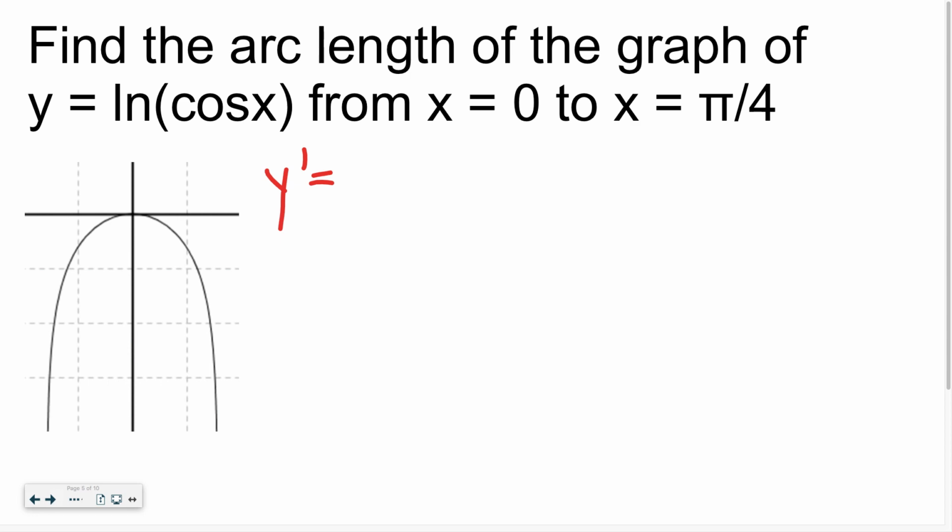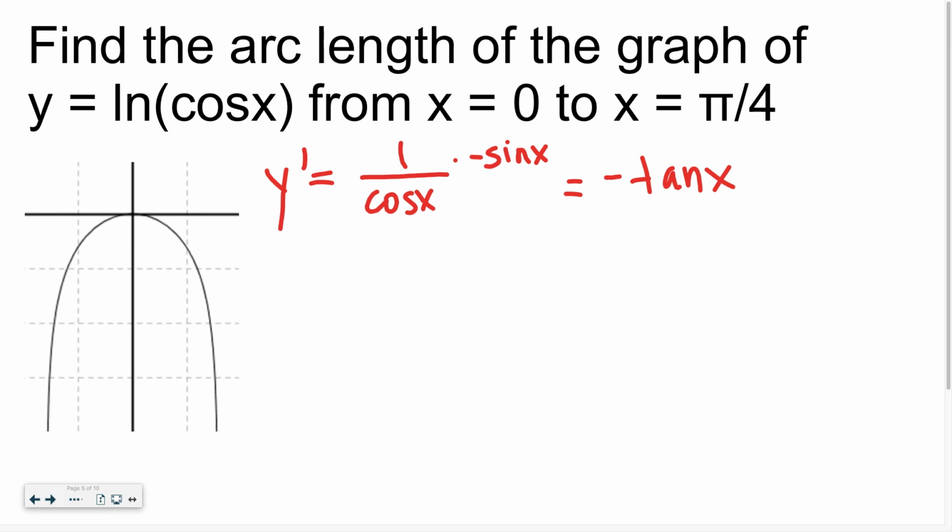Okay, the derivative, chain rule. This is what I taught last hour. The derivative of the natural log is 1 over what's inside times the derivative of the inside. So what's negative sine of x over cosine of x? Negative sine over cosine.